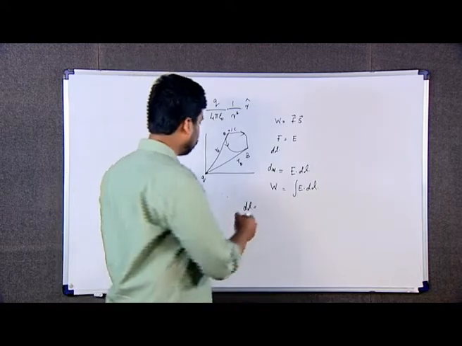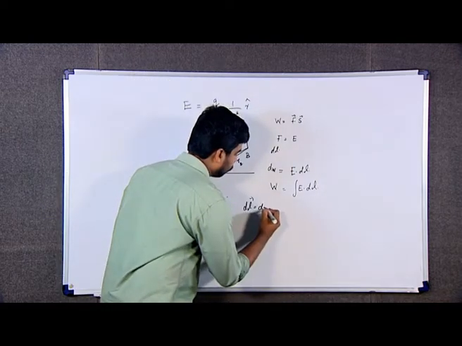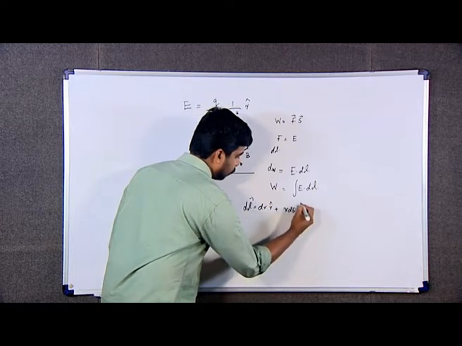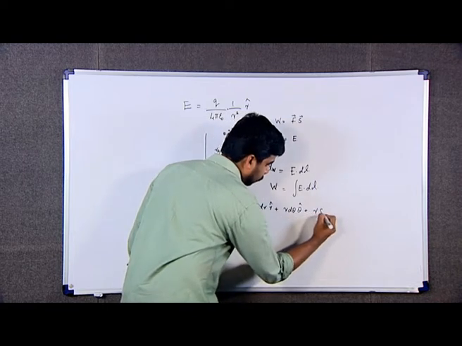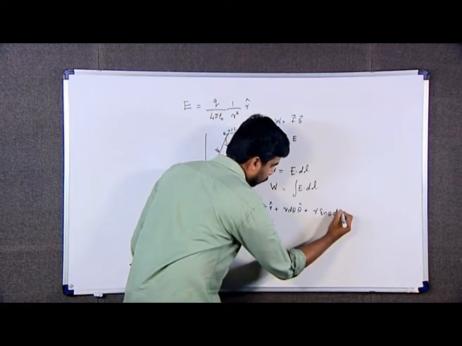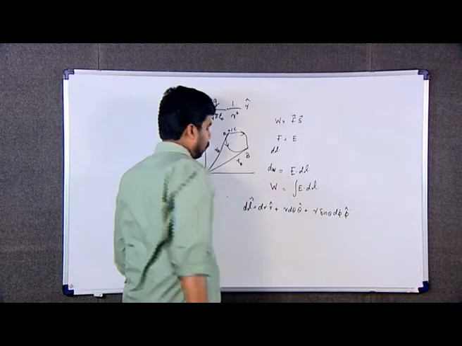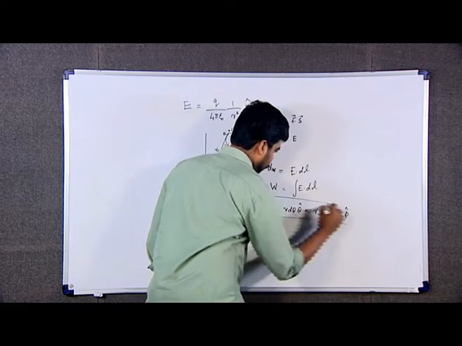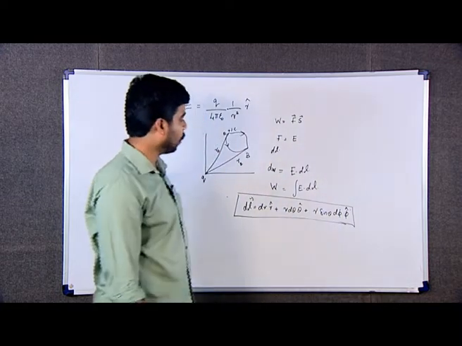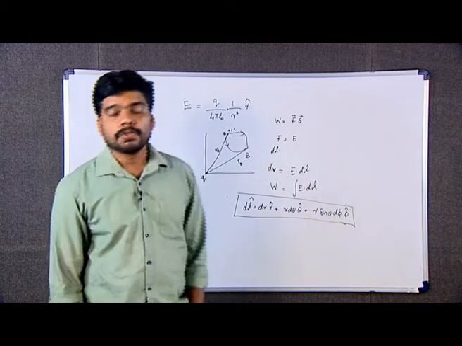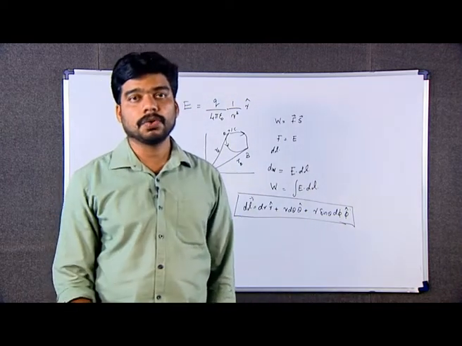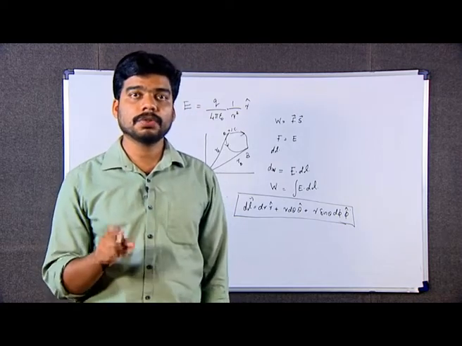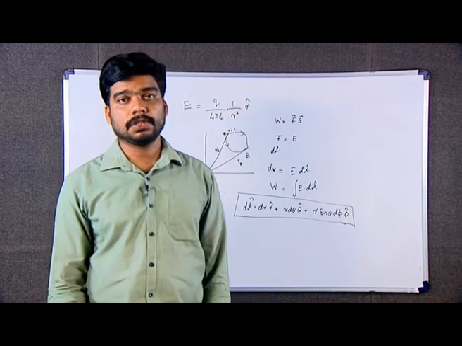We can write dl as dr r cap plus r d theta theta cap plus r sin theta d phi phi cap. This is the dl in the spherical polar coordinate system. So, if the curl of a force is 0, and if the work done by the force along a closed path is 0, then such a force field is a conservative force field.